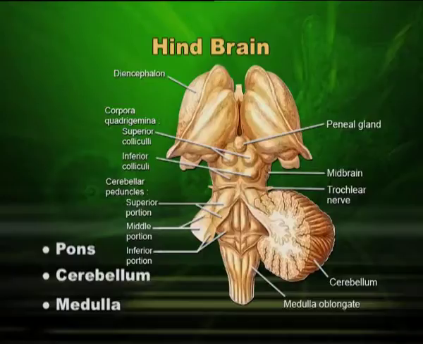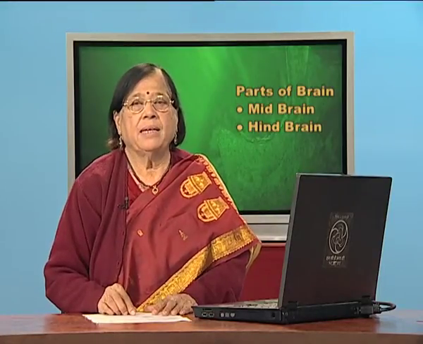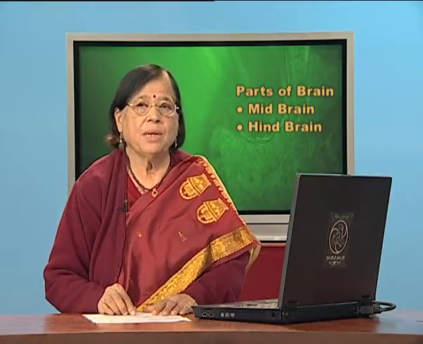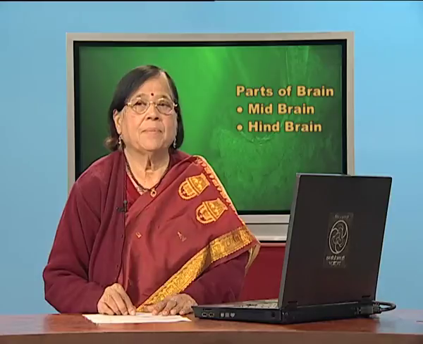Again, it is important and it is going to continue further in the lower part of the brain, and we know that after hindbrain will come the spinal cord. So, hindbrain, which is theoretically the last part of the brain, will eventually continue into the spinal cord which runs through our spine, through our back.